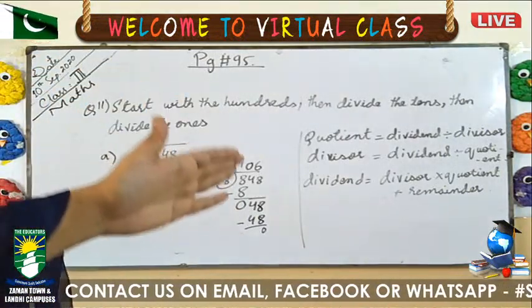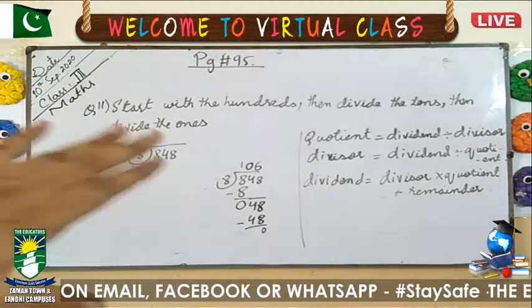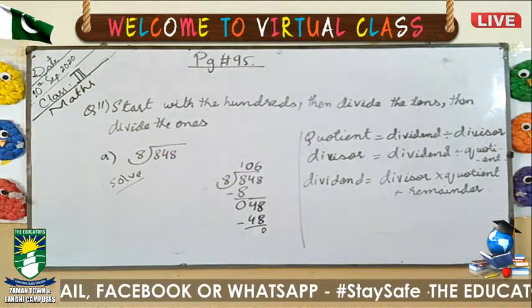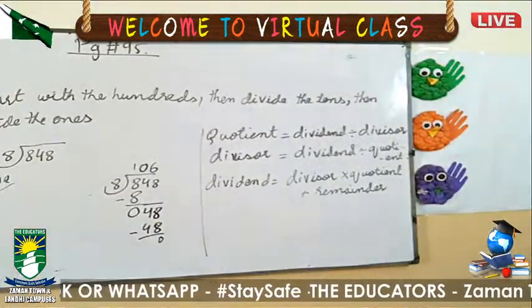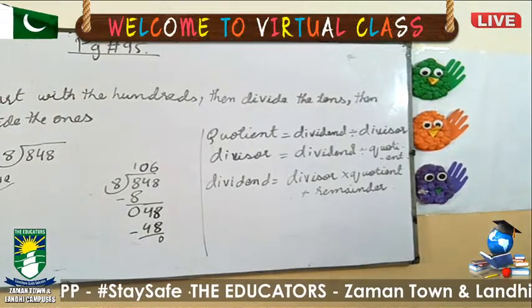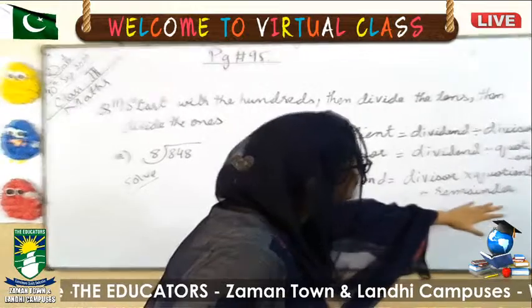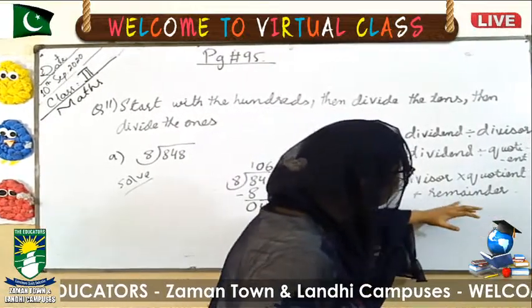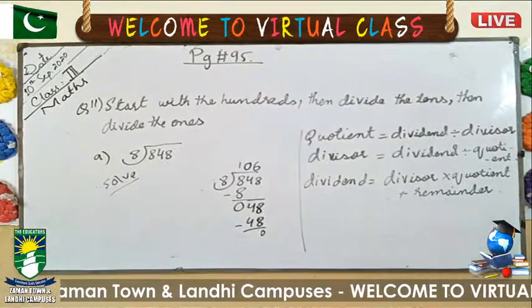The quotient is equal to dividend divided by divisor. Divisor equals dividend divided by quotient. Now if you are finding the dividend, dividend equals divisor multiplied by quotient, and the remainder you will add. Now you can simply divide it.